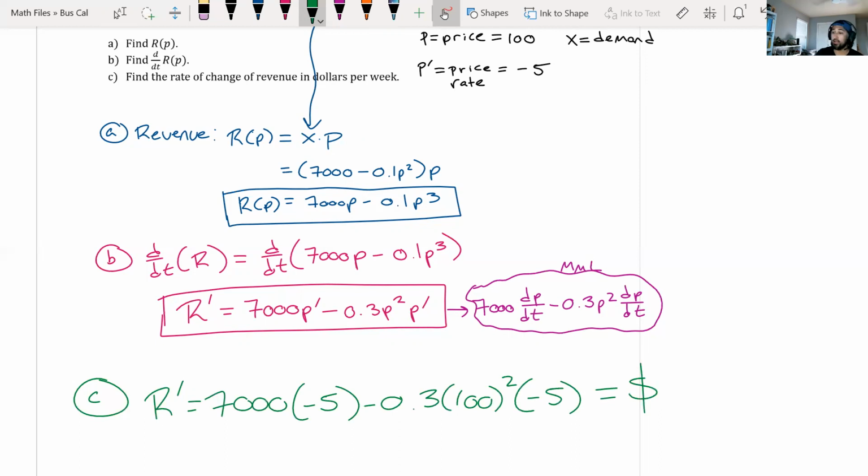I'll just type that into my calculator here: 7,000 times -5 minus 0.3 times 100 squared times -5. And we get -$20,000.